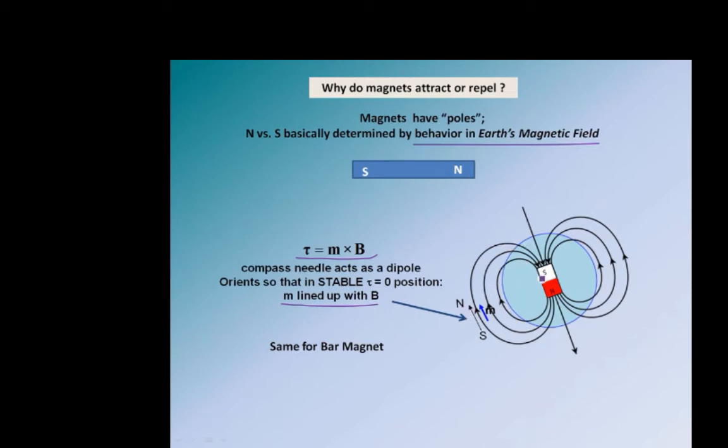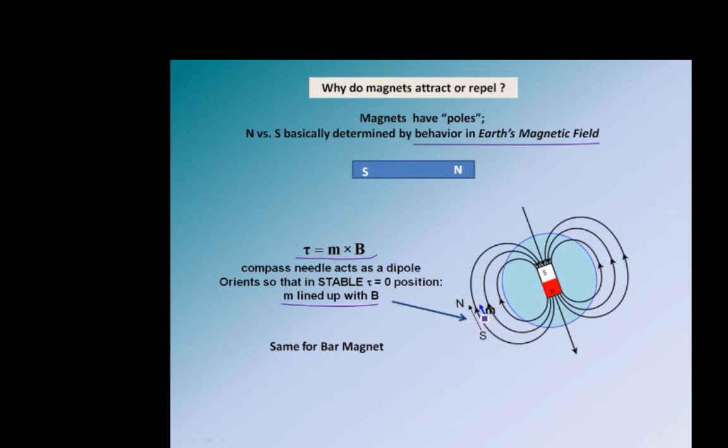Now realize that the way these field lines are generated would be similar to having a big bar magnet inside of the Earth, which of course is not true. But the currents of molten material that have some charge rotating in the Earth give us this kind of magnetic field. Well, this is the same for a bar magnet. If you hang a bar magnet with a string and wait for it to damp out, it will also line up.